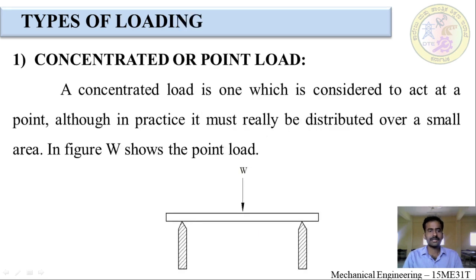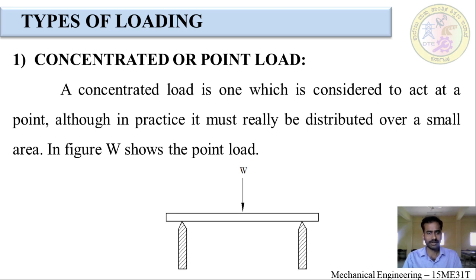Now we will discuss types of loading. There are different types of loads which act on the beam. Starting with the first, that is the concentrated or point load. A concentrated load is one which is considered to act at a point, although in practice it must really be distributed over a small area.